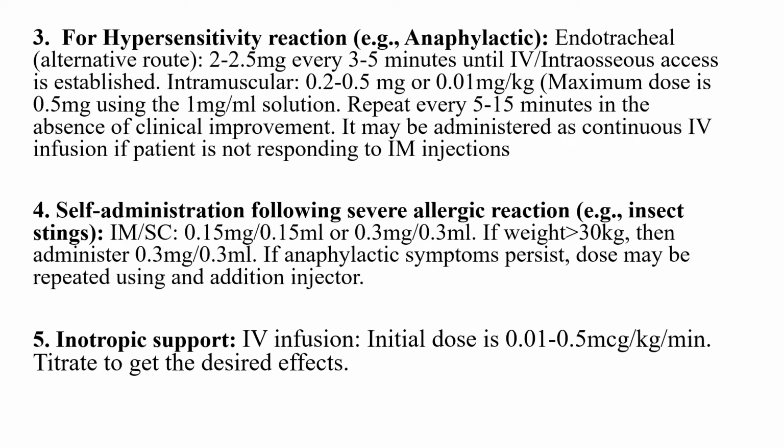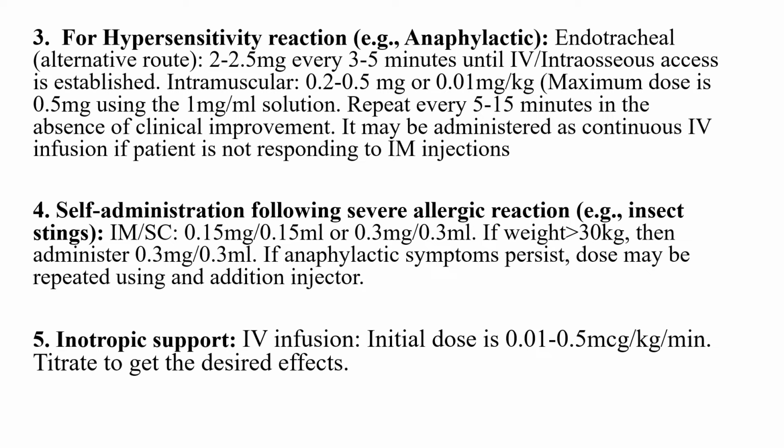And number 5 is inotropic support. We can use adrenaline as inotropic support also by giving through continuous IV infusion, and the dose is 0.01 microgram to 0.5 microgram per kg per minute.